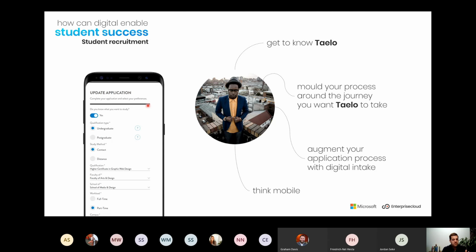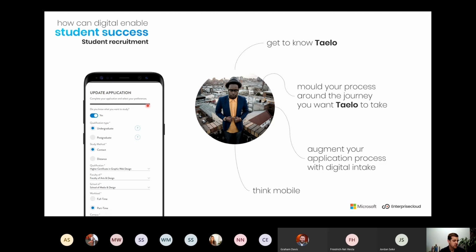So irrespective of whether I'm using a mobile phone, a tablet, a PC, standing at a kiosk in the foyer, or in a computer room, I can use the same piece of technology to take in those application forms, which is pretty cool.